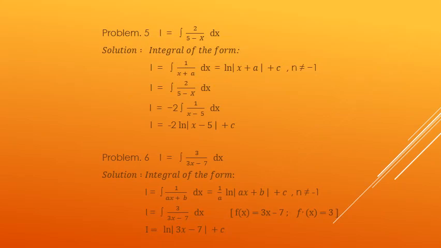Okay, here we have problem number 5, and that is integration of 2 upon 5 minus x dx. And here we have the solution of this integral form.